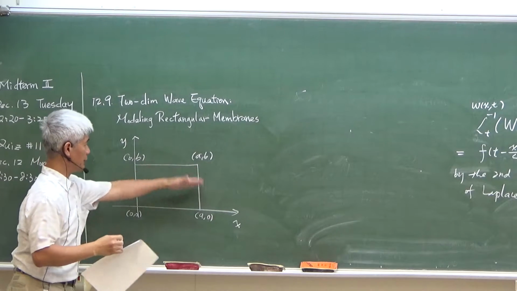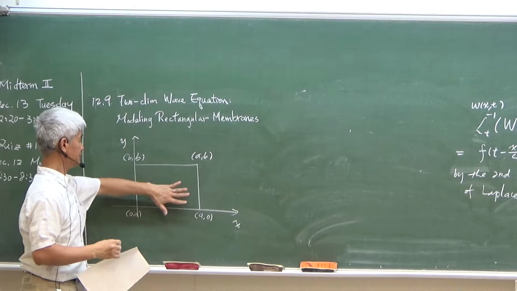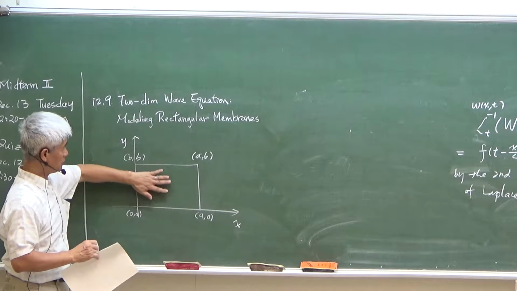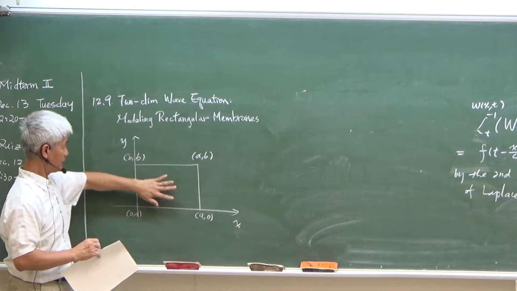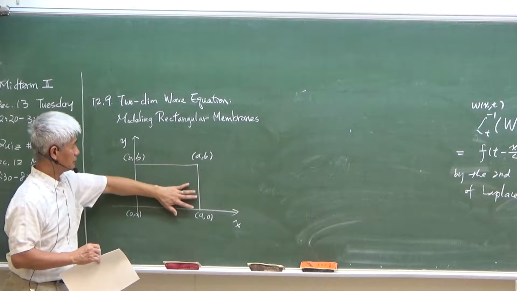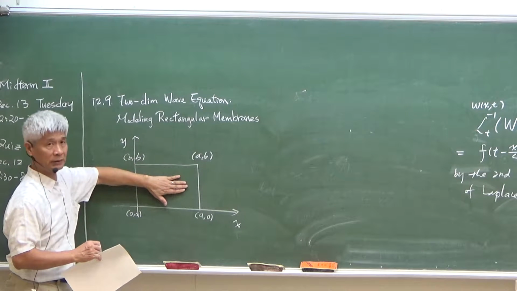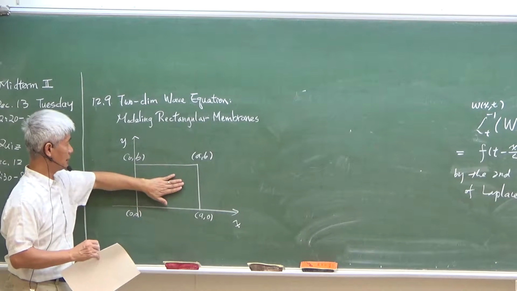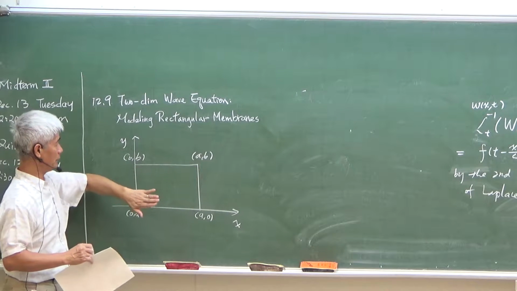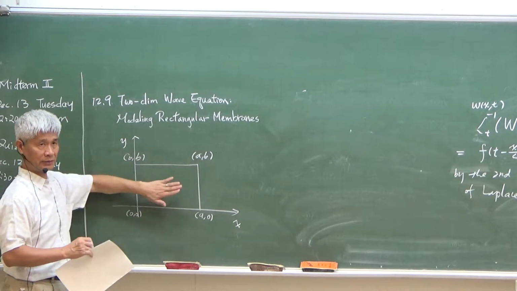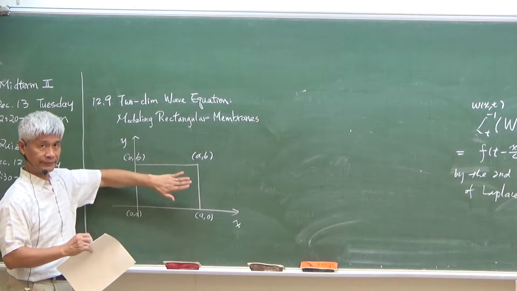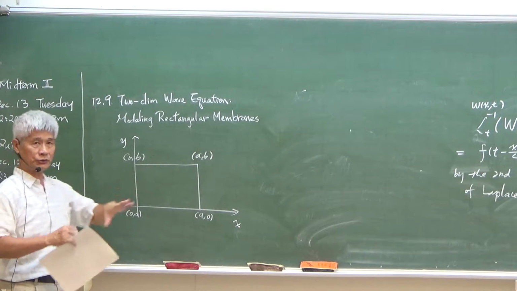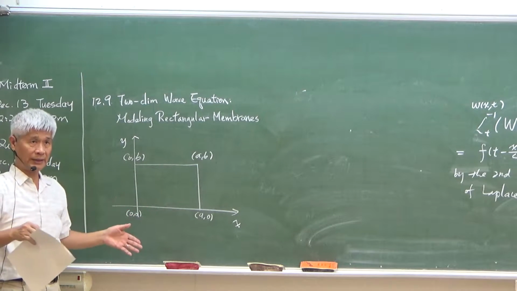So we have a membrane which is rectangular, and we want to apply some initial displacement on the membrane so that it will vibrate vertically. The vibration is out of the board and into the board, so the vibration is vertical. You can think of it as a rectangular drum.